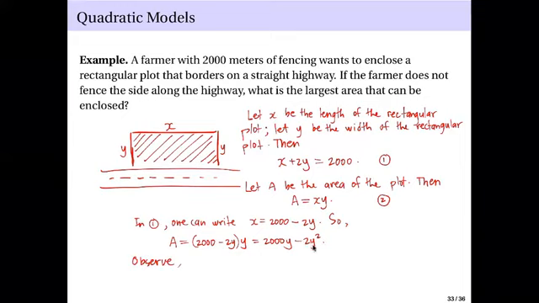The coefficient of your term y squared is a negative number, correct? Which means that the graph of this function is opening downwards. And furthermore, it will have a highest point, which means we can have the largest area.